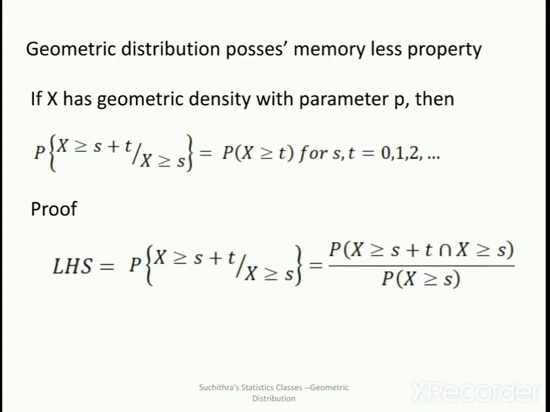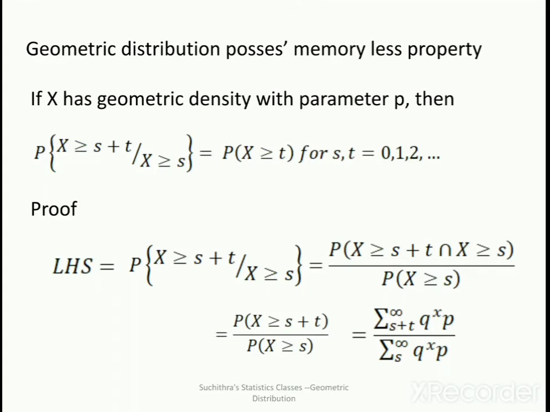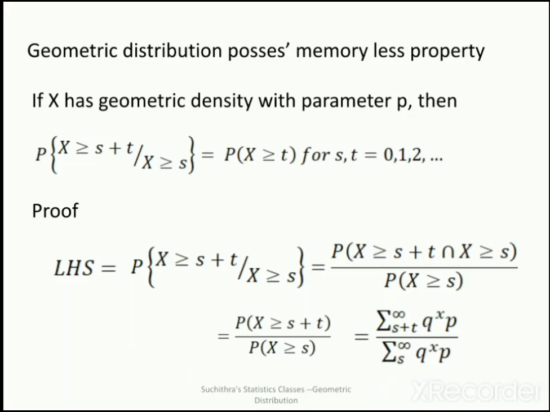The numerator is nothing but P(X ≥ s+t). Therefore, LHS becomes P(X ≥ s+t) divided by P(X ≥ s), which is equal to the summation from s+t to infinity of q^x p divided by the summation from s to infinity of q^x p. p and p get cancelled.